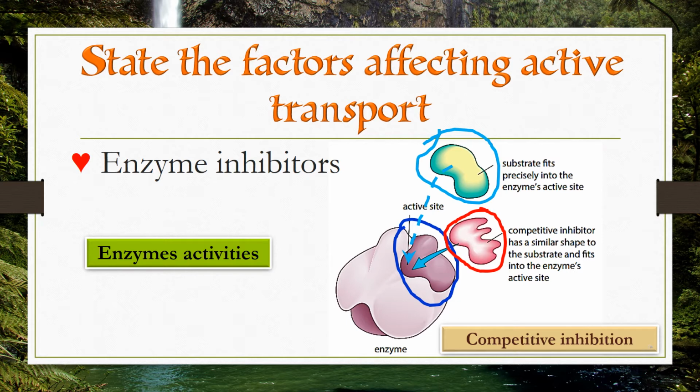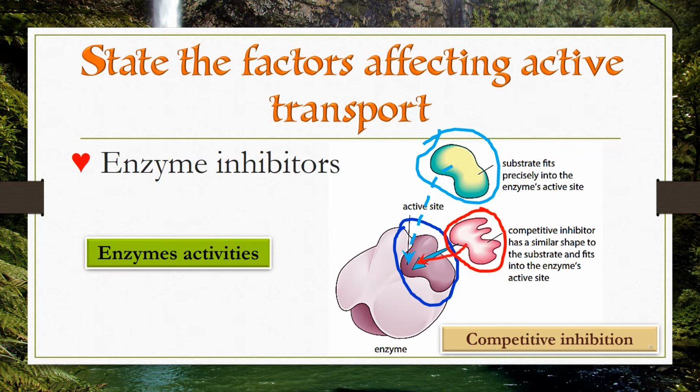In the situation where we have the enzyme working on the substrate, and in the environment there are also competitive inhibitors, this is going to affect the rate of reaction. If we have more substrate concentration compared to the competitive inhibitor, the rate of reaction will not be affected much. But if the competitive inhibitors are more compared to the substrate, then the chances of the substrate colliding into the enzyme active site are going to be reduced.